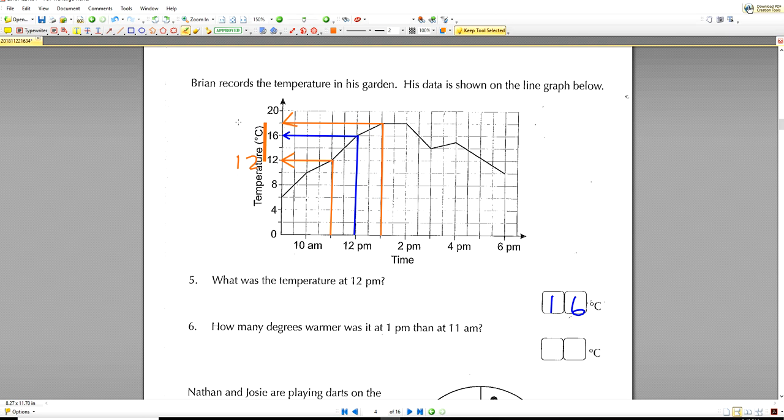And this one's going to be 18, because 16, 18, 20. So when it's a difference, we've got 18 minus 12, and that will give us a difference of 6 degrees. So that's the total there, 6 degrees. Okay, so we're working out the difference between these two lines here. Okay, let's move on.